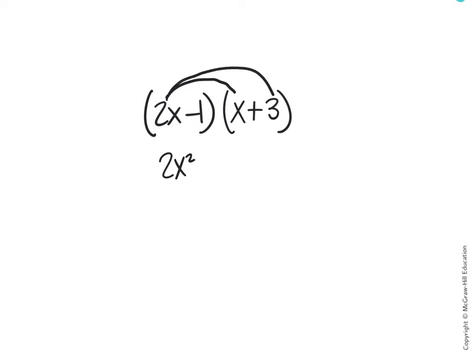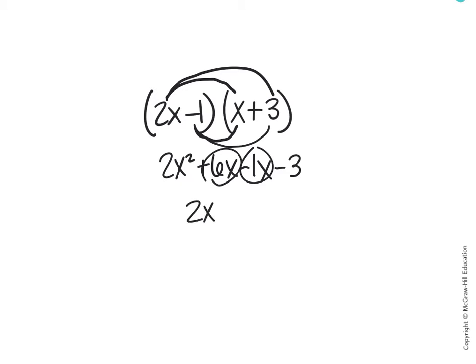We would do 2x times the 3 to give us 6x, and then we'd go and do the bottom, negative 1 times x, negative 1 times 3, and then we would combine these two inner ones to give us 2x squared plus 5x minus 3.